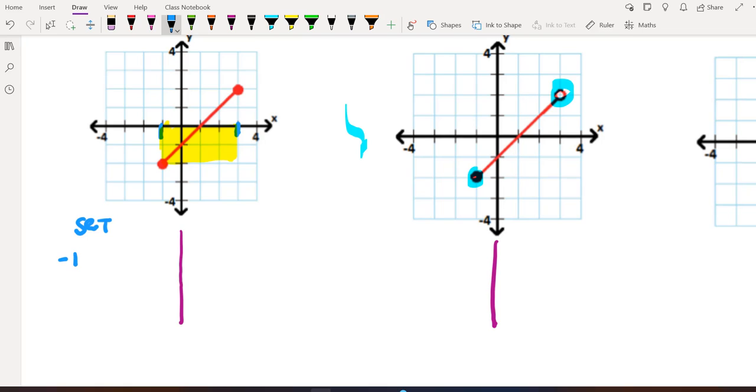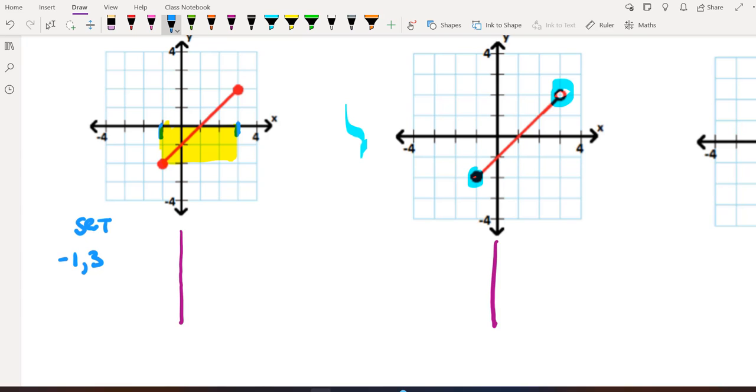We go -1, comma, so the smallest, the most negative, to the biggest, most positive we can get. So what's the biggest value for x we have here? Positive 3. Yeah, +3. Okay, that is our values of which x spreads among.